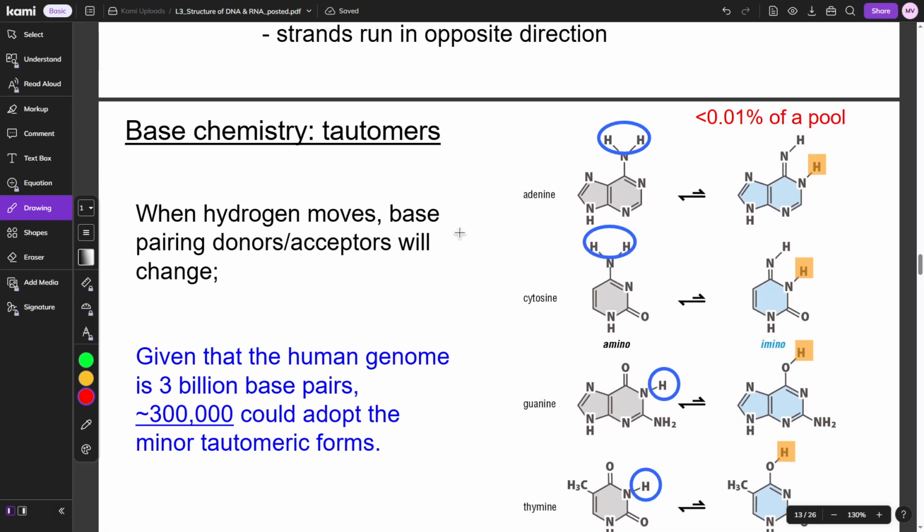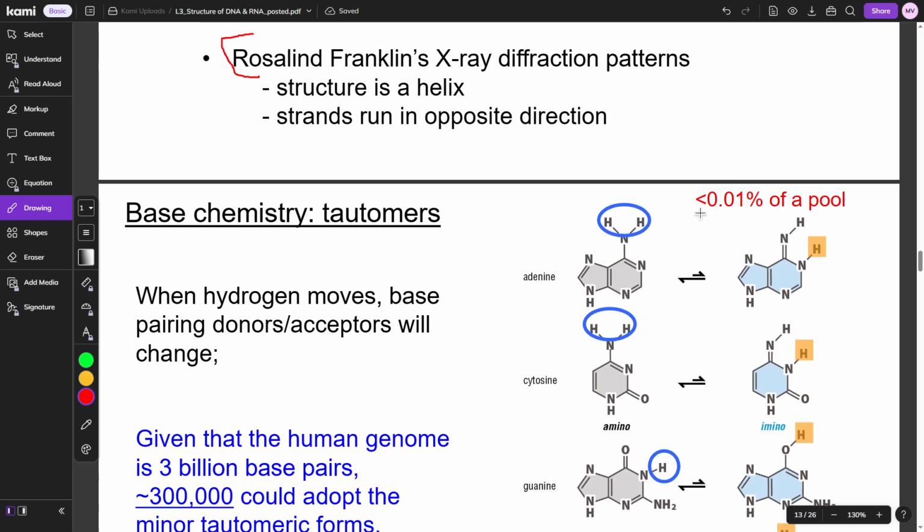So this is the idea of tautomerization. So what you can see here is it makes up 0.01% of a pool. So that's very little. So if you had, I'm trying to think of how you would do that even. Let's do a bit of quick maths here. 0.01% is actually lower than I first said.